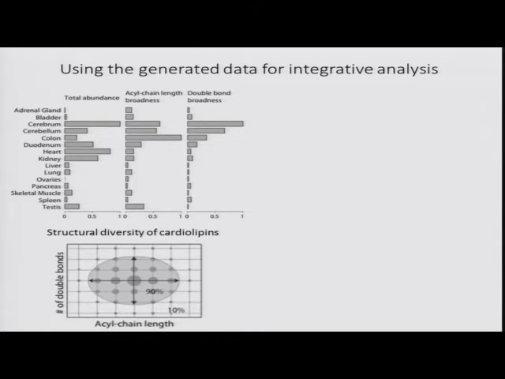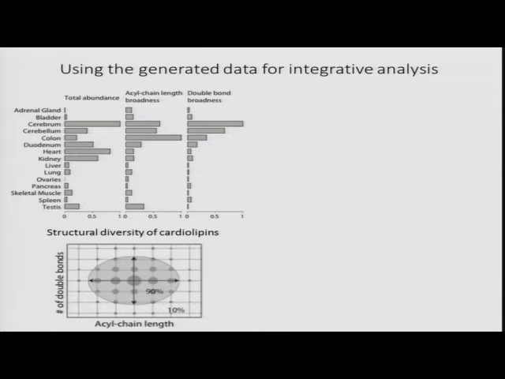You can either look at the total abundance, so how much cardiolipin is present in this tissue per protein, for example. I can also look at the broadness of the acyl side chain profile. So do I have one dominating species in the whole tissue, or do I have a lot of different side chain variability? Or how about the double bond broadness? Do I have a very narrow profile? Do I have a very broad profile?